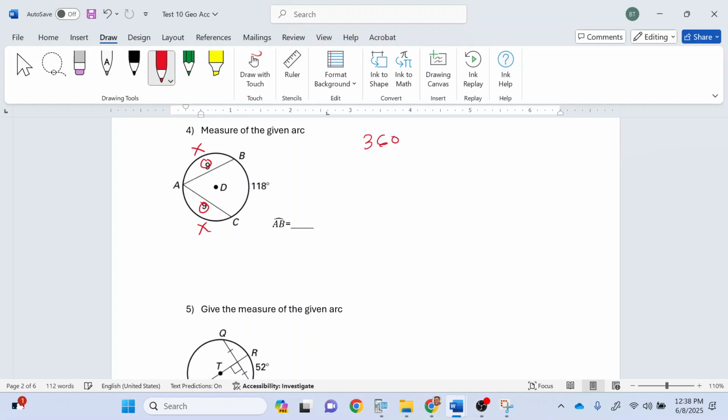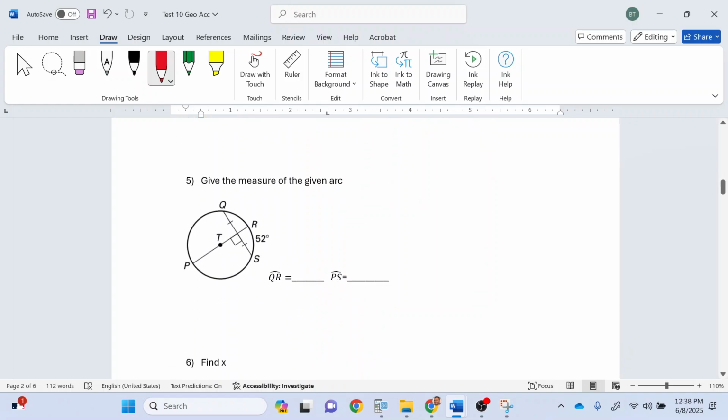So 360, I'm going to subtract 118 from that. That'd be 242. But since I have two x's, I'm going to divide by 2. And that's going to give me 121. The reason I'm being slow about this is because I'm tired. I apologize for not being so quick with the math.